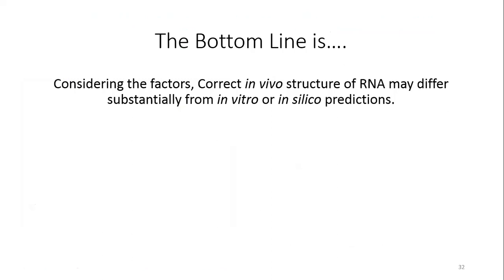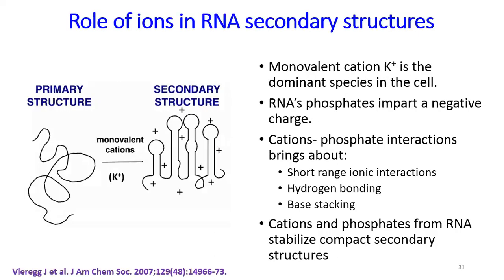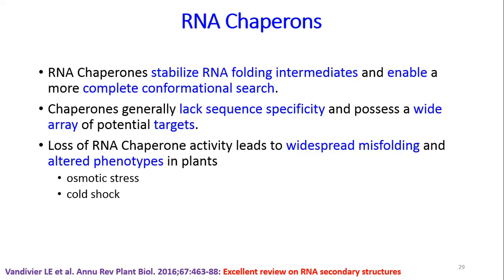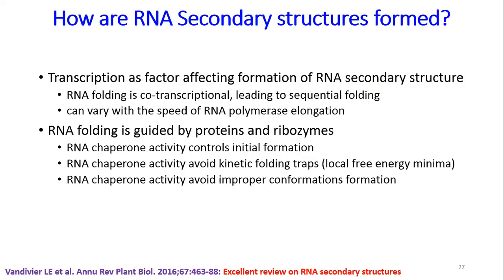there are a lot of factors that define the secondary structures of RNA. Which factors did we see? We have considered factors like ions that might affect the formation of secondary structure. There are different types of proteins that might affect it.